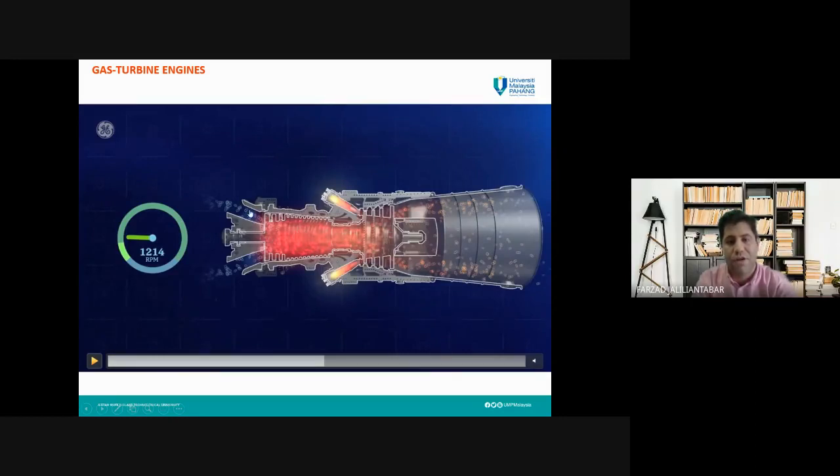Here the compressor will compress the air, and its pressure will increase. The high temperature of this gas after the compressor will provide the condition for the combustion. When we inject the fuel into this flow of hot air, it will burn and cause the pressure to increase even much higher.